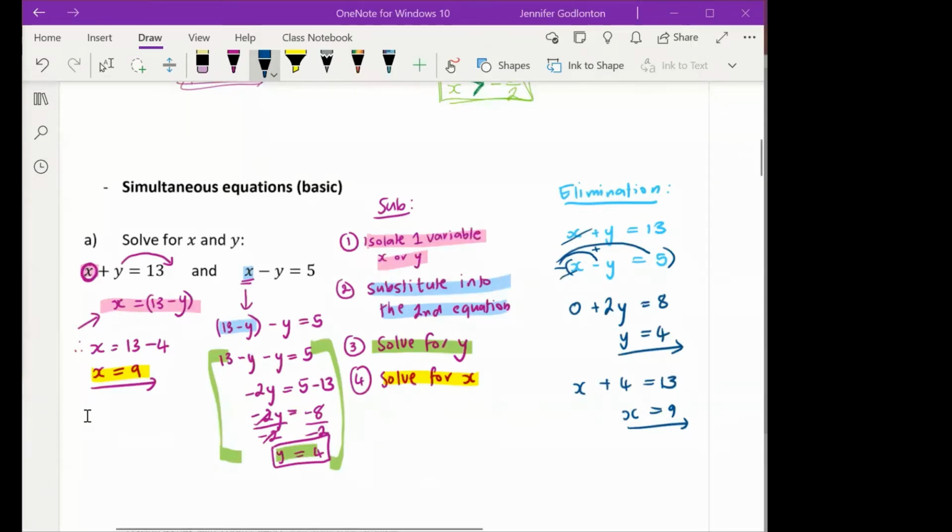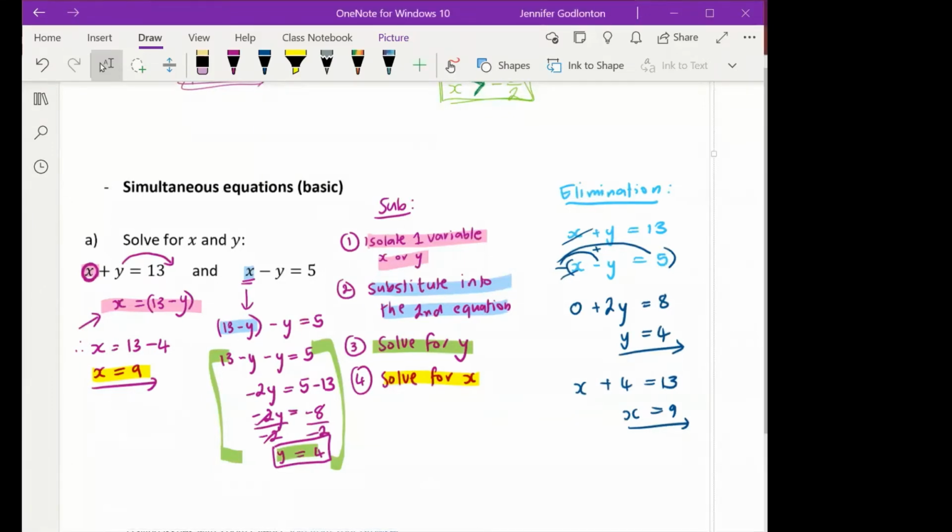Okay. Yeah, x is equal to 13 minus 4, which is equal to 9. Same. I just didn't write that step where it said 13 minus 4.